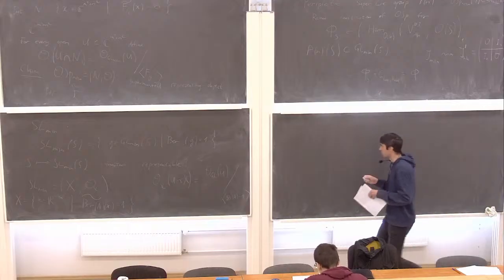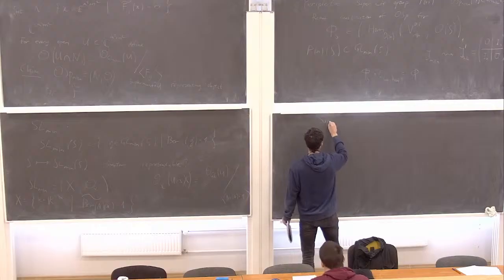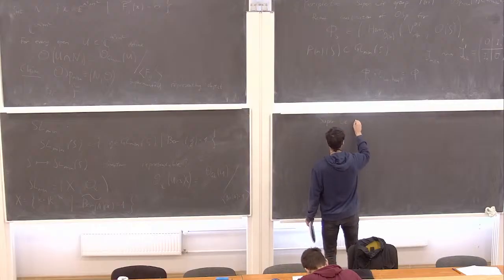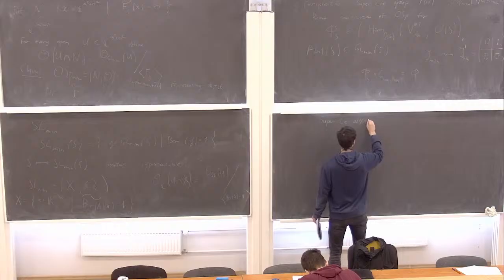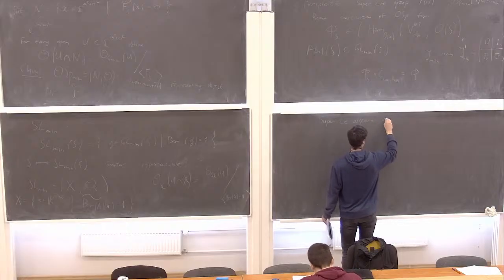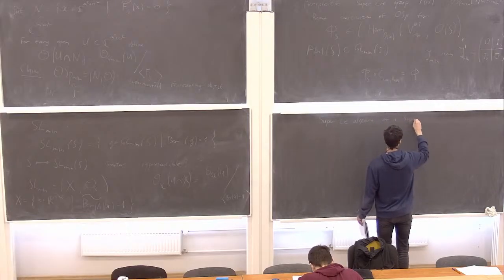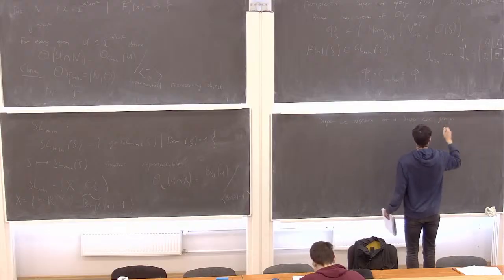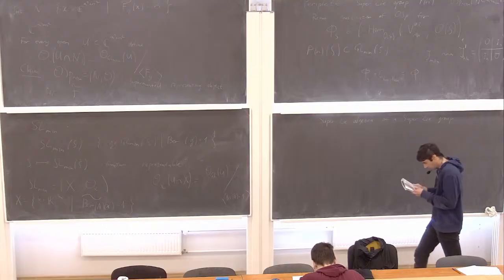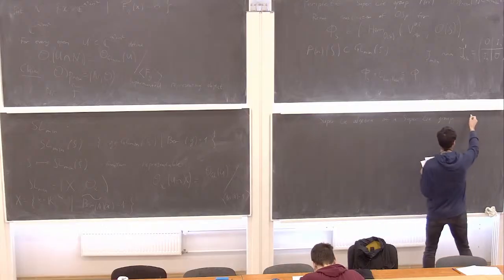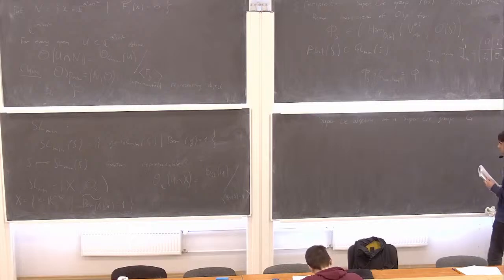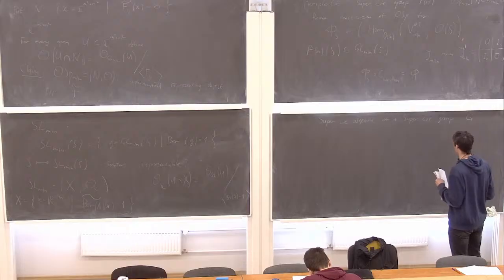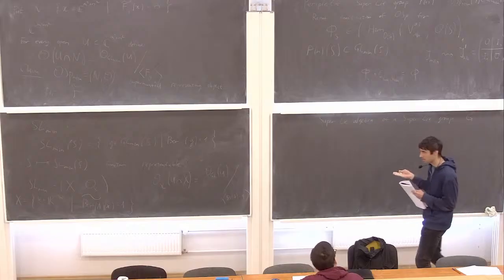Okay, so let me fix my super Lie group, and I will call it G. And of course, the super Lie algebra will be the tangent space at identity as a vector space.